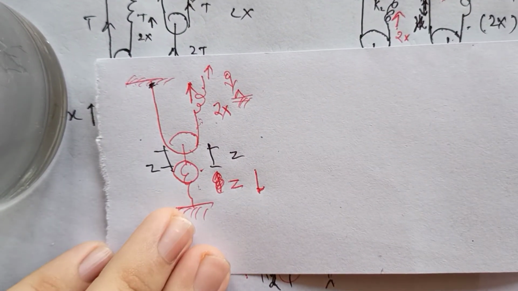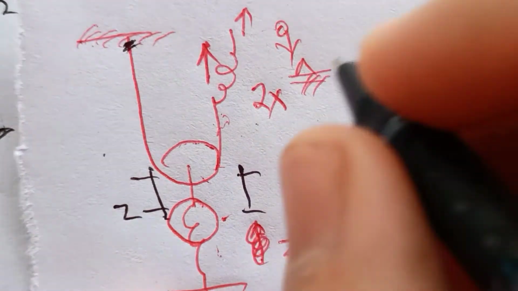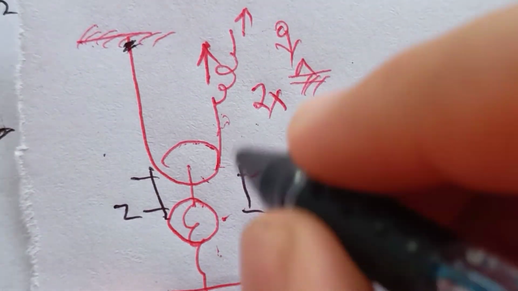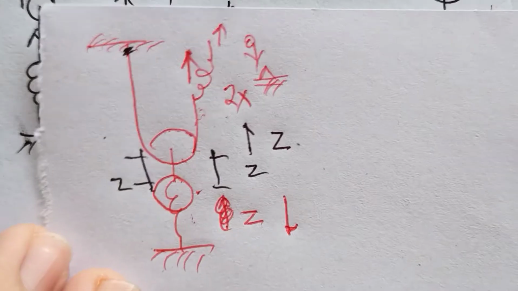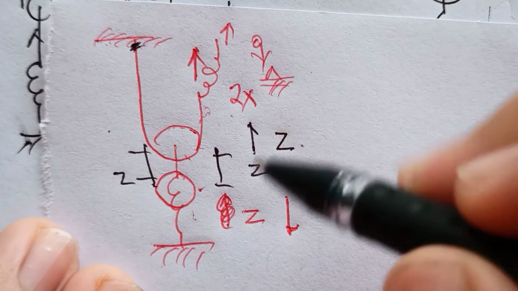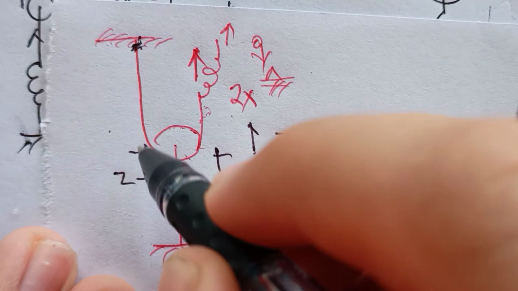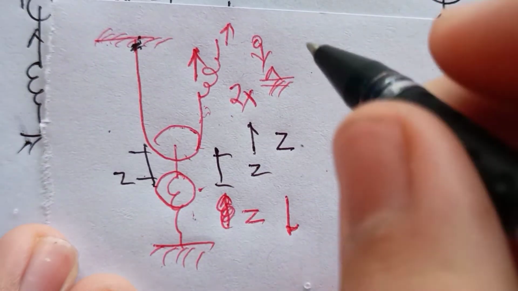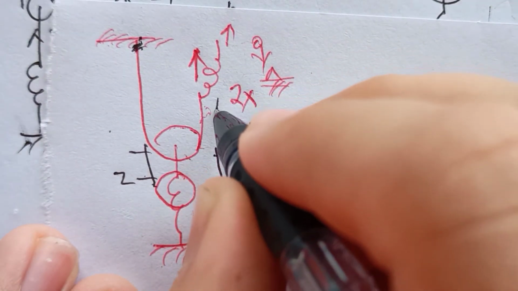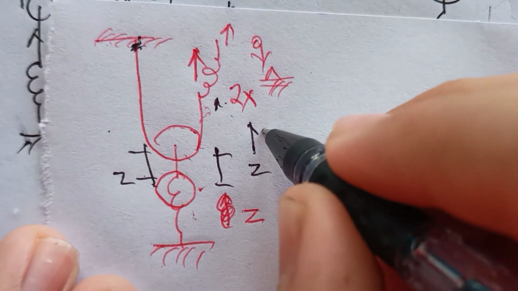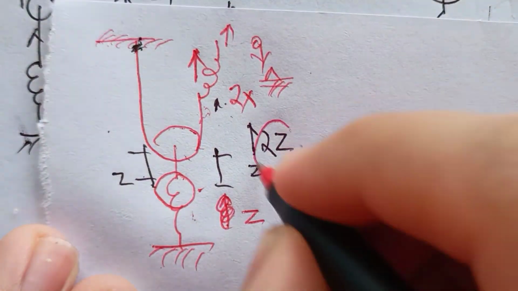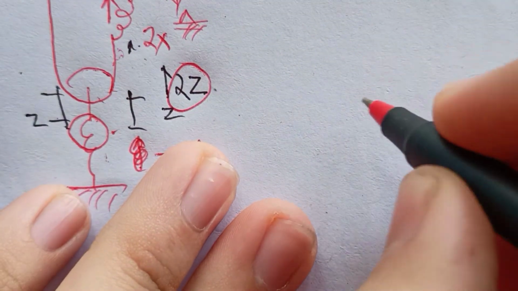If this is attached to a fixed end, we cannot bring this elongation, so this spring will have to move by z. Because I said that this string cannot extend itself, this spring will elongate by distance 2z. That's the same case. Again I am repeating it here.